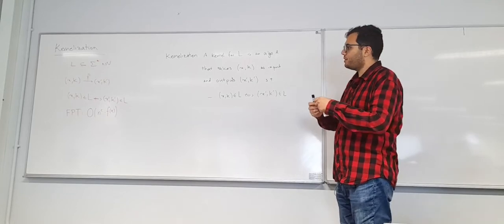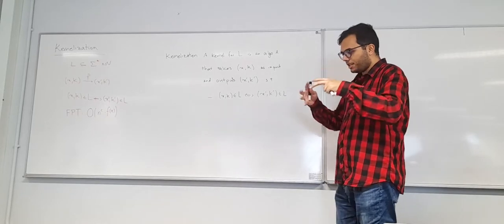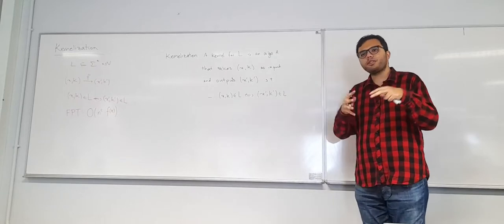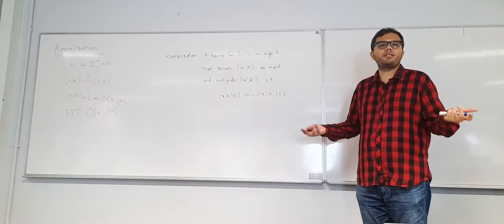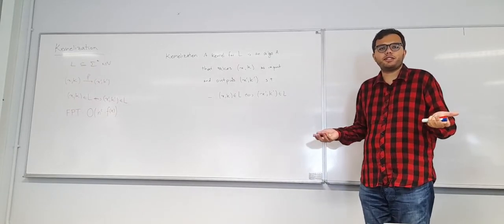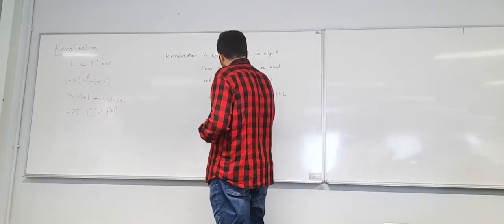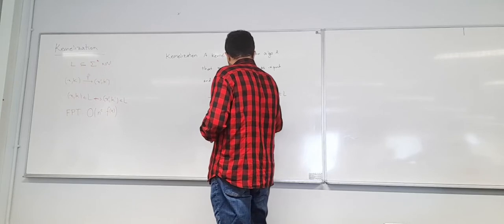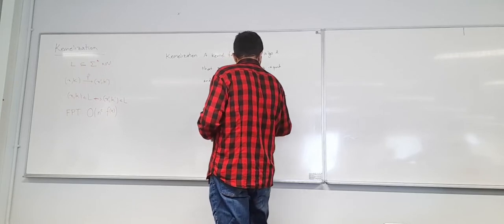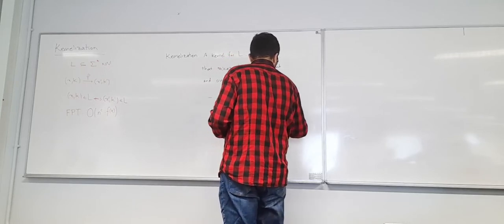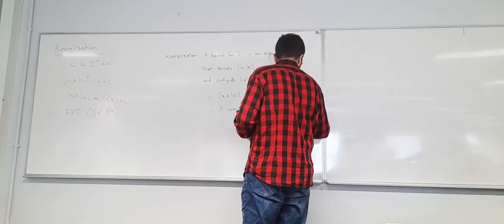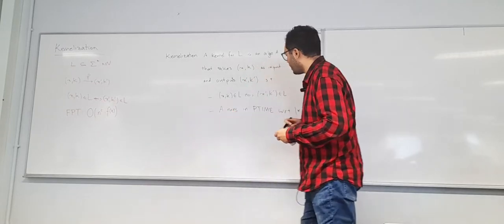Because if just my reductions and making the instance smaller takes more than polynomial time, then I can't really have an FPT algorithm at the end of it. So I want to say that A runs in polynomial time with respect to the length of x, which is also shown by n.